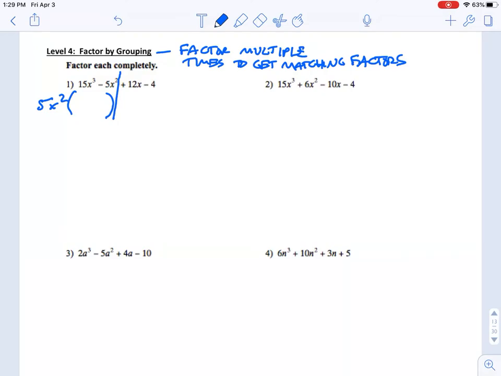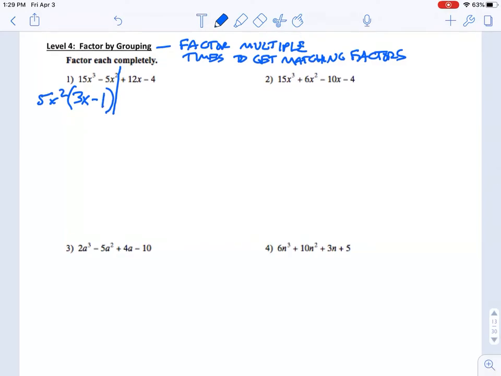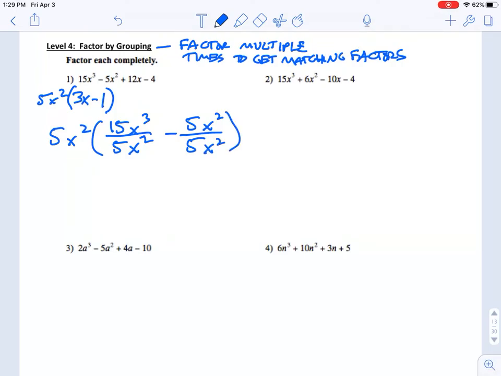And now 5x squared times 3x is how you get 15x cubed. You bring the minus sign down. And then 5x squared times 1 is 5x squared. Or, if you're still doing it the other way, you might have done this first: 5x squared, write down the original term divided by 5x squared, minus, write down the original term, another 5x squared divided by 5x squared.